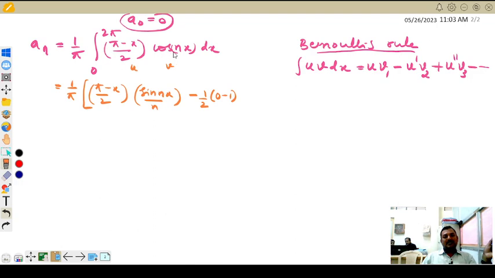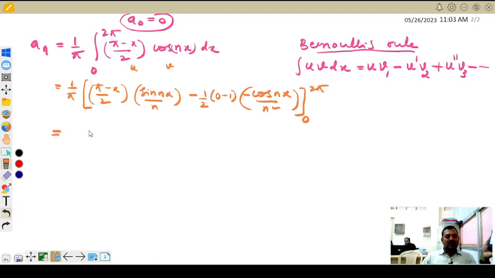Again, double integration of cos nx: the first time integration is sin nx by n, you integrate this, integration of sin nx by n is minus cos nx divided by n square. Further differentiation of 1 by 2 into minus 1 is 0. We are stopping here itself and substitute the limits between 0 to 2 pi.